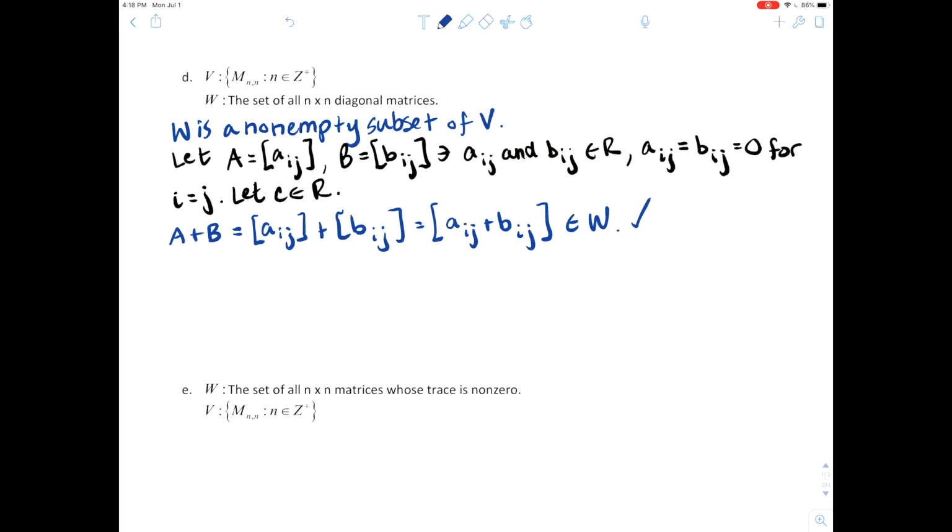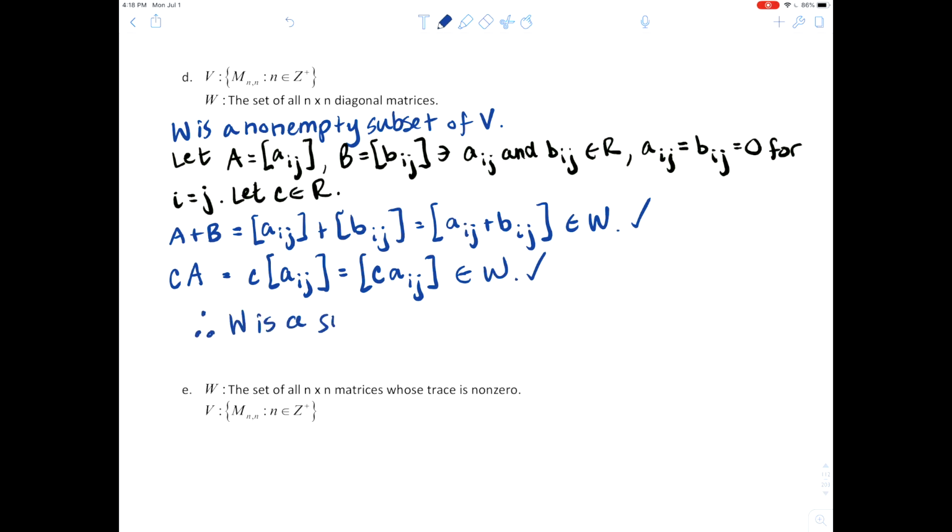And then C times A would be equal to C times Aij, and you'll get zeros everywhere except possibly on the main diagonal. So this is also going to belong to our set W, right? So we would say what? Therefore, W is a subspace of V. Good so far? Awesome.